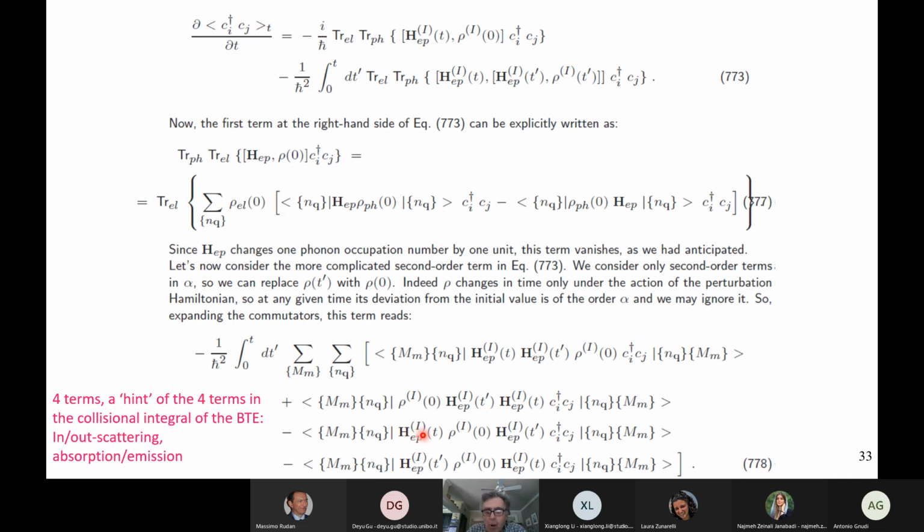It's premature to have hopes at this stage, but the master operator essentially has an in and out terms, 2 terms, but each of these terms is given by a phonon absorption and phonon emission, an in scattering term and an out scattering term. And so we're going to have explicitly 4 terms, and that's what we're looking for. So hopefully these 4 terms will lead us to the 4 terms that we want from the master operator. So again, I have to write these 4 terms.